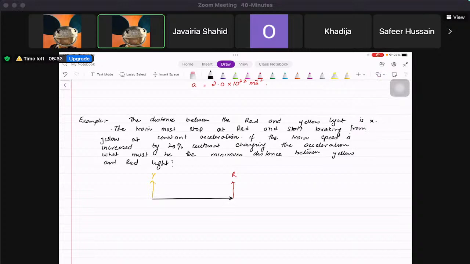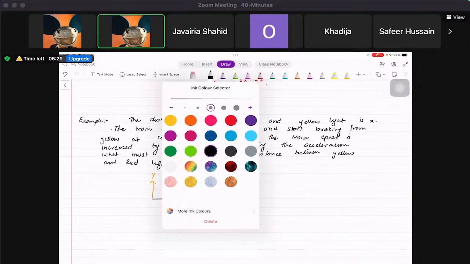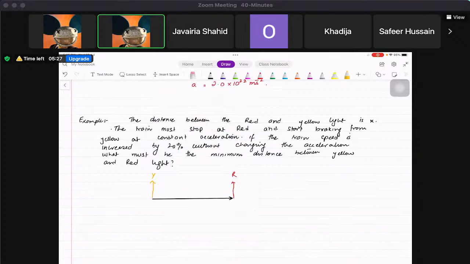Now if the train speed is increased by 20%, and this distance was x, how much distance should increase between the red and the yellow? So you want to find the new displacement. Now this is the question. Think about it and quickly do this.